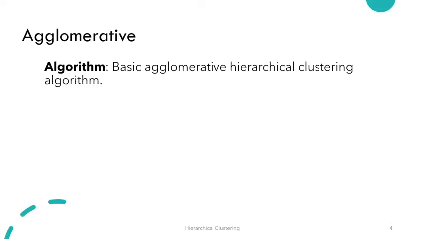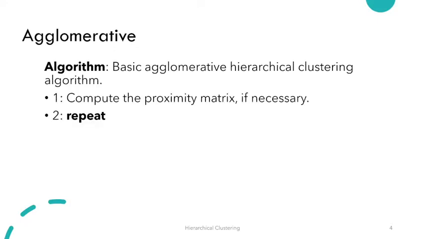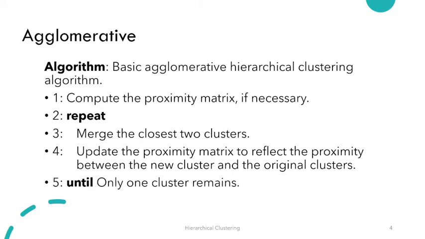Now let's talk about the agglomerative approach. This is the algorithm for the agglomerative approach. First, if you don't already have the proximity matrix, we need to compute it. This depends on the type of data, and we define the proximity between every pair of clusters.